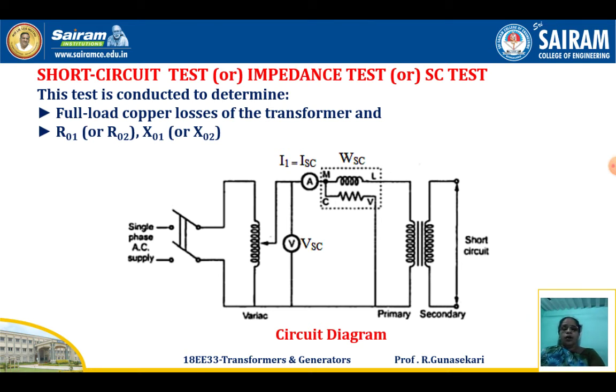Suppose all the meters are connected on the secondary side, by using the short circuit test we calculate R02, X02, Z02. So, depending upon the step down and step up transformer, we calculate R01, X01, Z01 or R02, X02 and Z02.